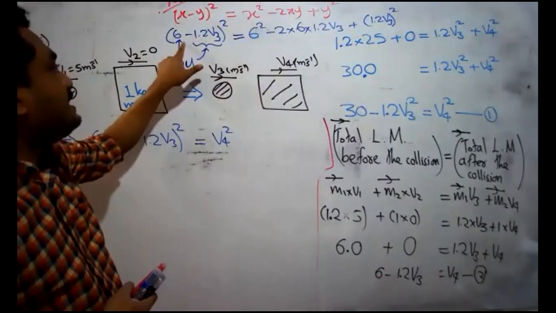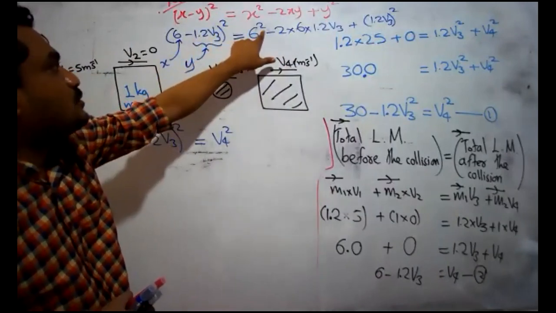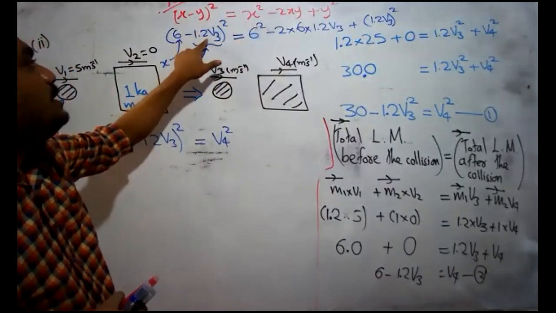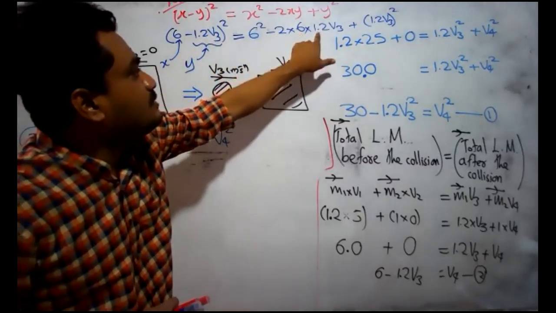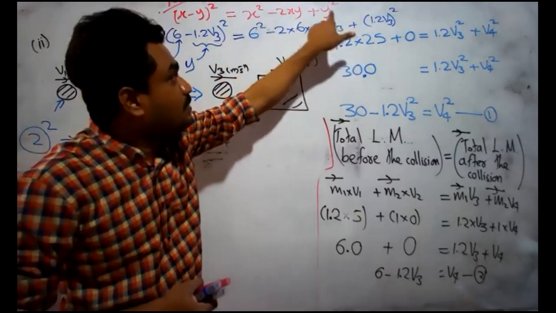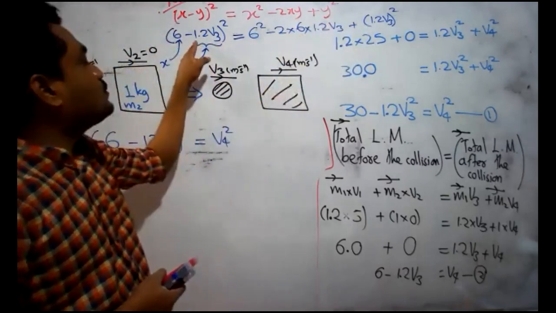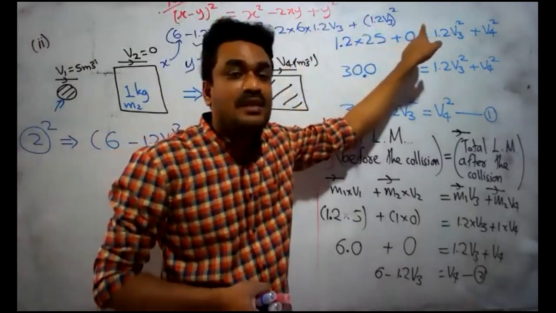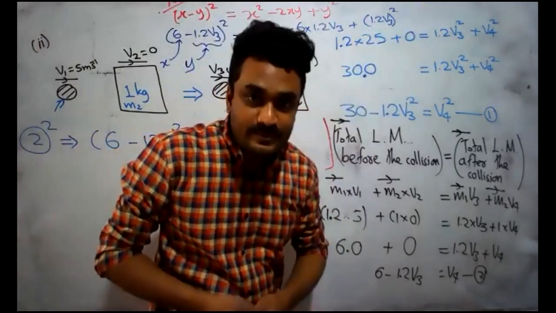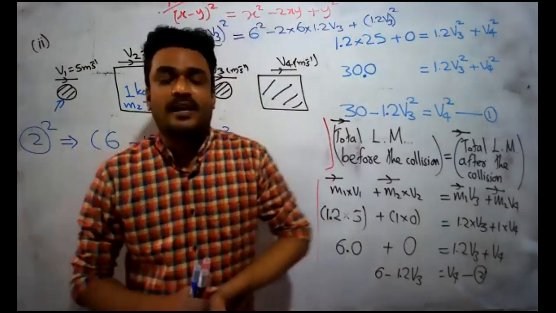X is 6. Therefore, x square means 6 square. Y is 1.2 times root 3. Therefore, 2xy is 2 times 6 times 1.2 times root 3, plus y square. Therefore, y square means 1.2 times root 3 square. Got it? Is it clear or may I explain again?